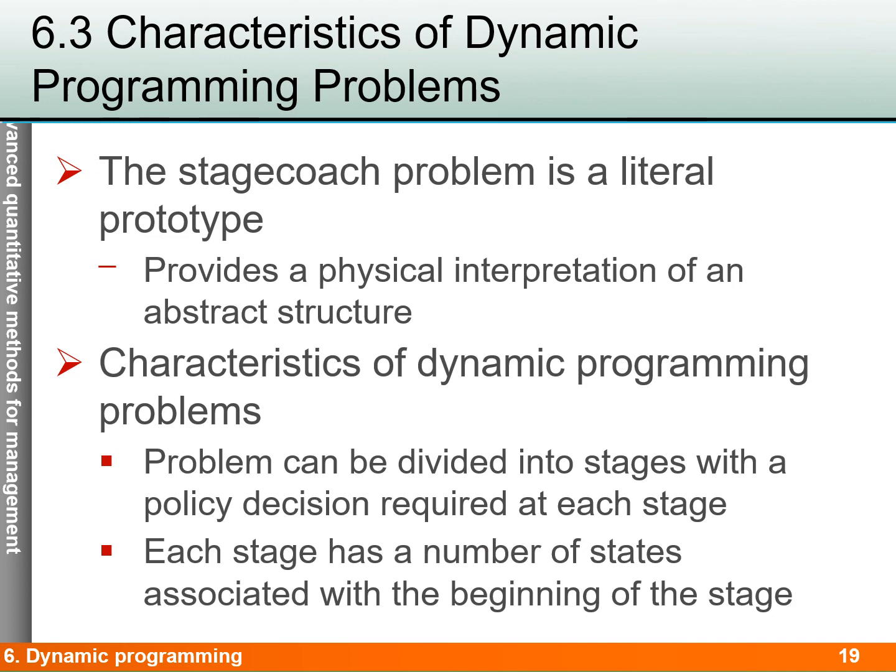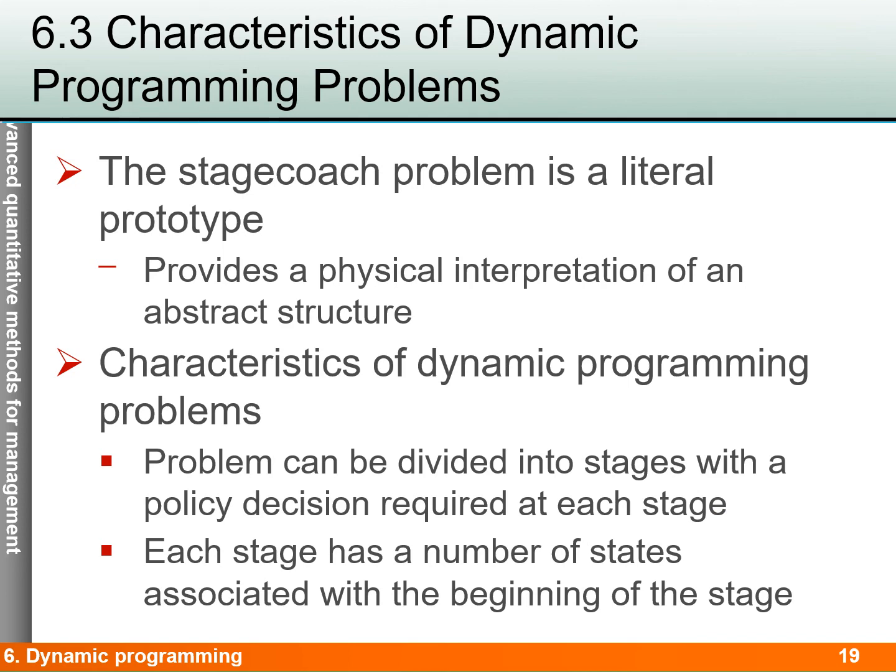So based on this stagecoach problem that we reviewed as a prototype example, we can list the characteristics of dynamic programming problems in some categories, okay? That problem, as we learn, can be divided into stages with a policy decision required at each stage.